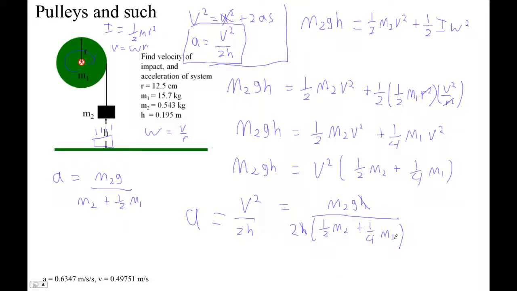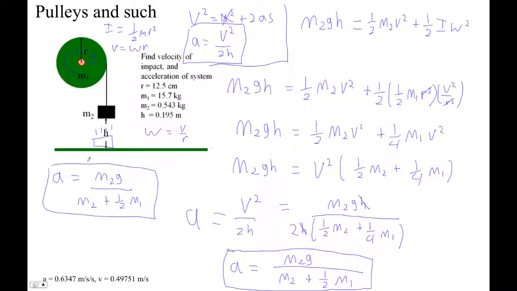And then if I multiply the denominator by 2, I get acceleration is equal to m2g divided by, 2 times 1/2 is m2, 2 times 1/4 is 1/2 m1. There we go. Check it out. So here's the linear expression gotten from energy.